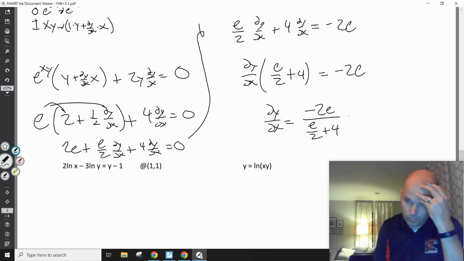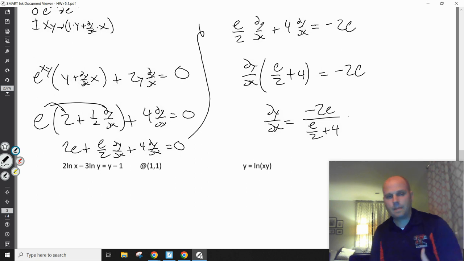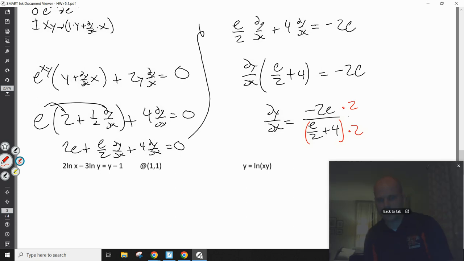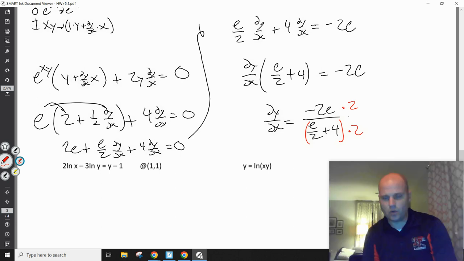However, this happens on the test. You might not see an answer like this where there's a fraction inside of a fraction. We need to multiply the top and bottom by a number to remove the whole fraction inside of a fraction. Why am I multiplying by 2? Because e over 2 times 2 is just e.